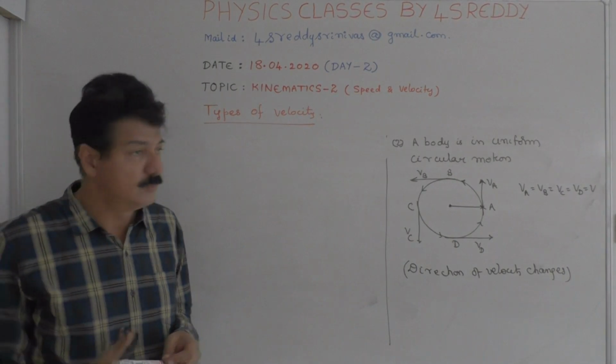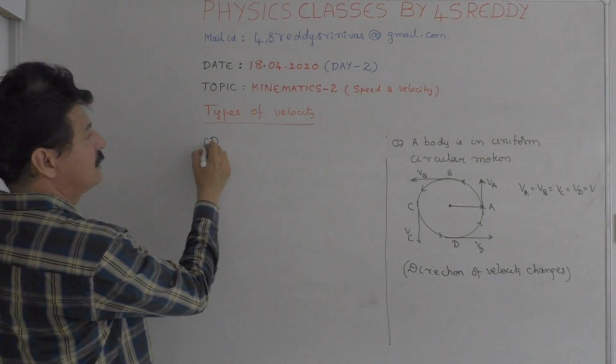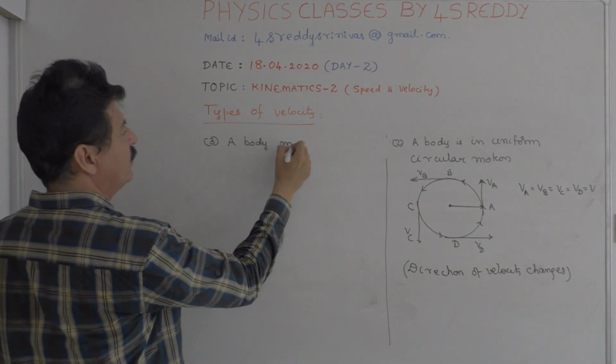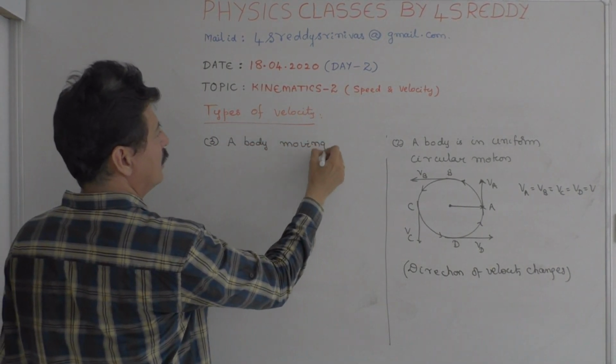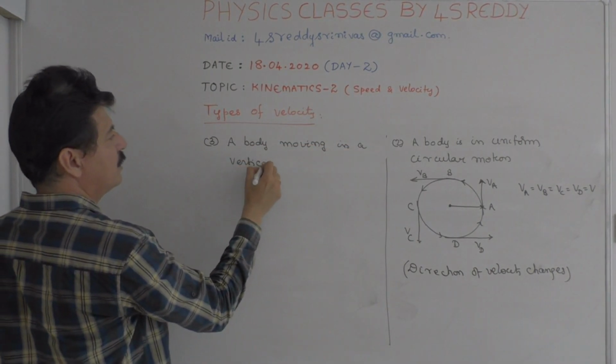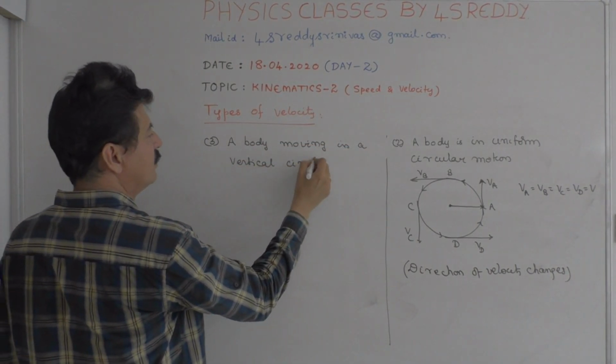Suppose the third one is a body moving in a vertical circle, a non-uniform circular motion.